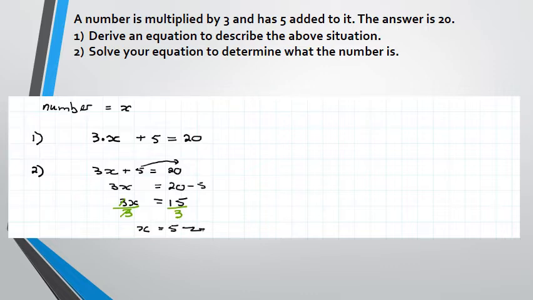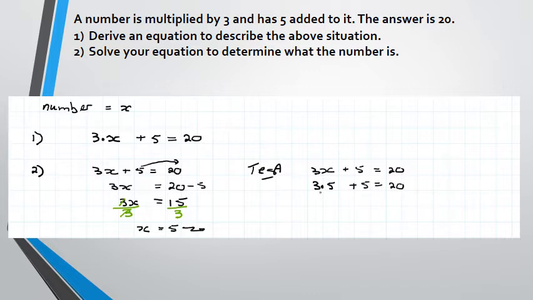But how do I know if my answer is correct? From the previous lesson I can go over now where I can say test your answer. So I'm going to use the equation 3x plus the 5 equals 20. So if I substitute the x, namely 5, and it's a multiplication between the 3 and the 5, plus the 5 equal to 20.